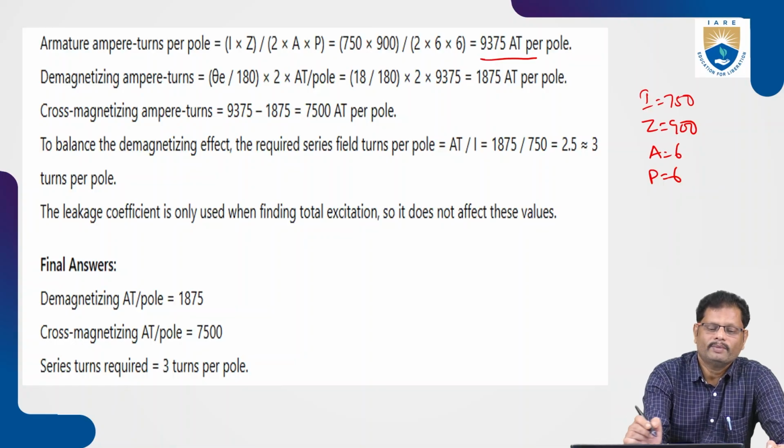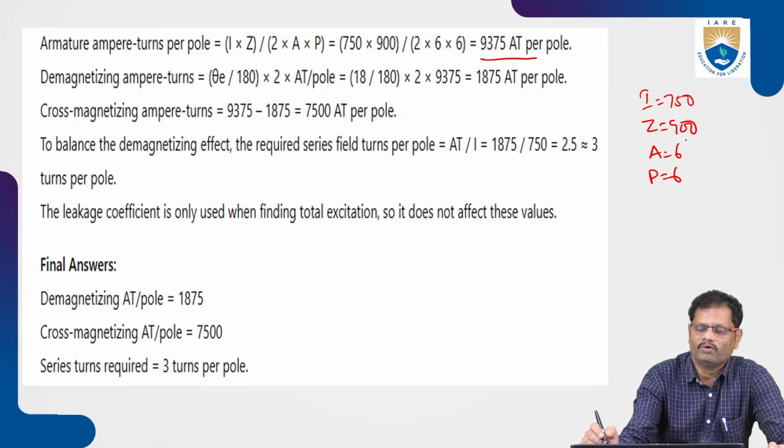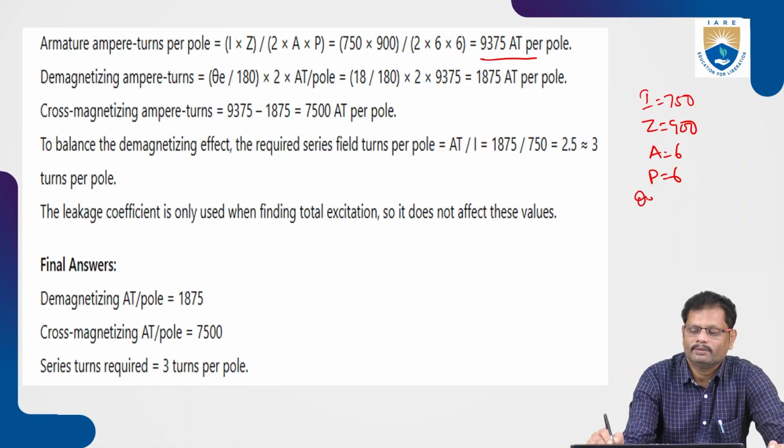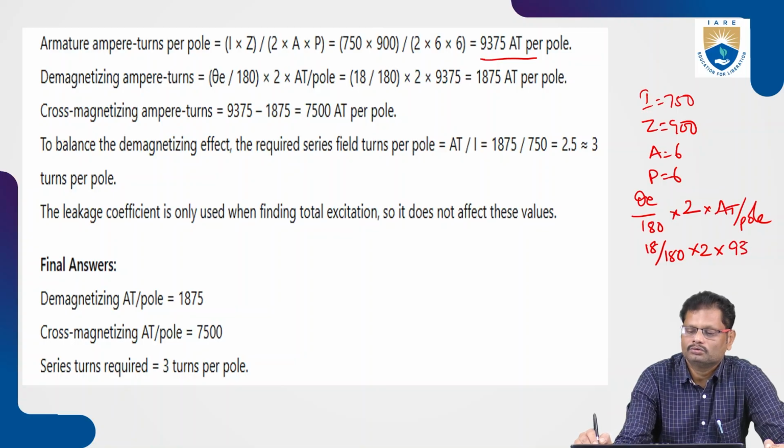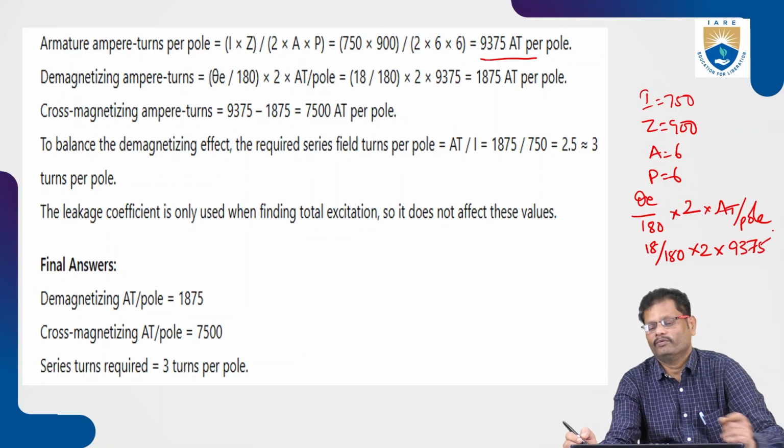And coming to the demagnetizing ampere turns, the formula is theta E by 180 into 2 into ampere turns per pole. So already calculated theta E as 18 and 180, 2 into ampere turns per pole 9375.